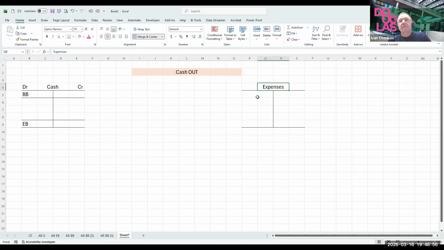That account is going to have debit and credit. What's interesting is that expenses are always on the debit side. So increasing the expenses, we're going to see on the debit side and debit side only.